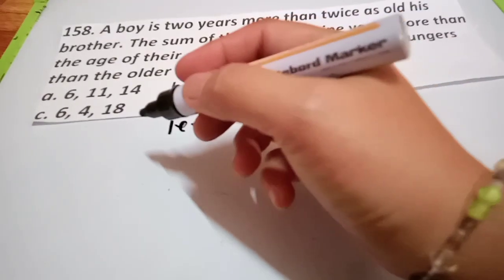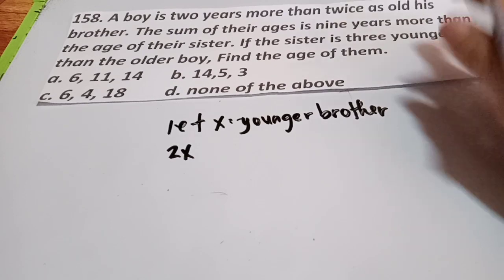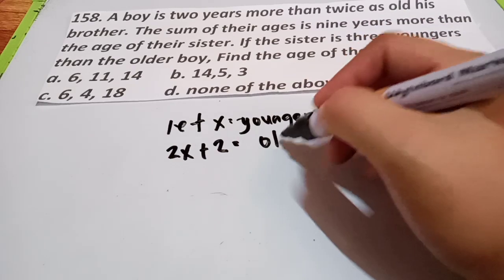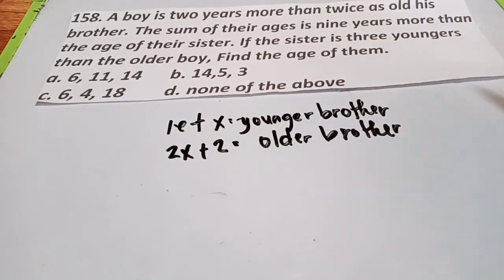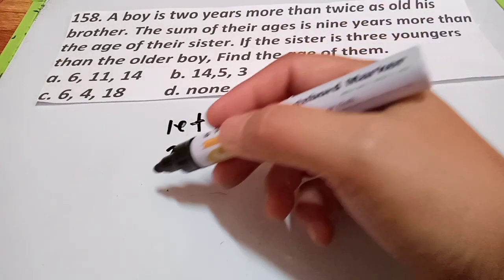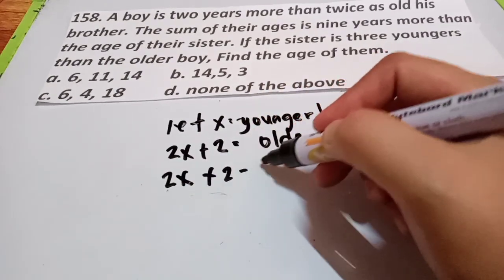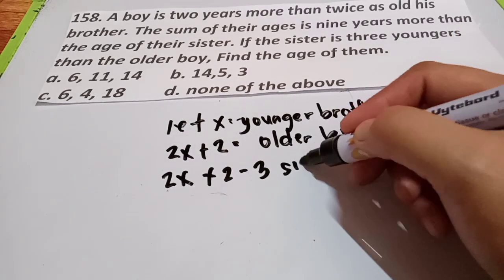And then we have 2x. Take note, twice as old as his brother. So, 2x plus 2 will be the older brother. And then, how about the sister? 3 years younger than the older boy. So, we have 2x plus 2 minus 3. So, this is the age of the sister.